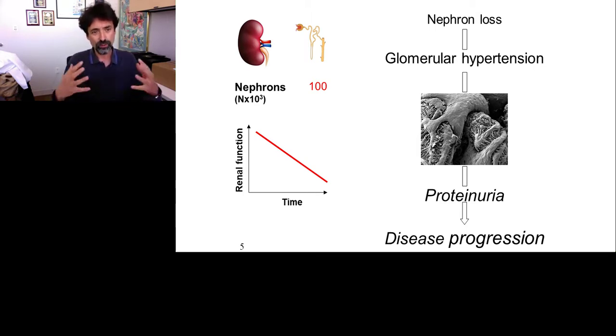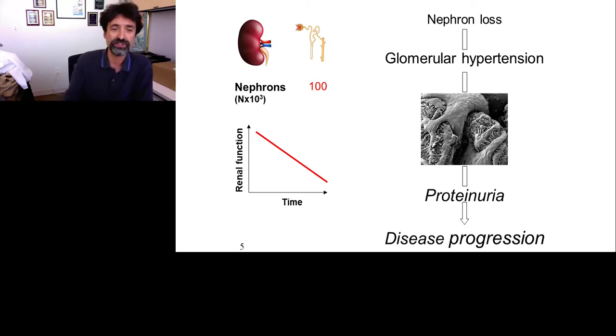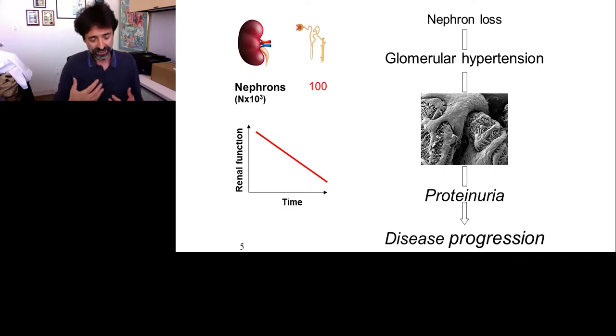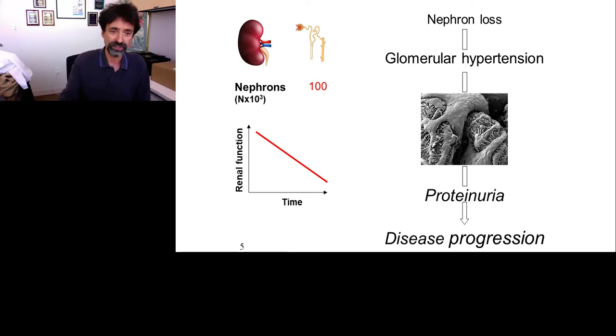And the overall idea of renal disease progression is that progressive loss of functional nephrons leads to the hypertension of the remaining ones. Initially this represents a compensatory mechanism, but over time, this leads to the loss of protein in the urine and progression of the renal disease.